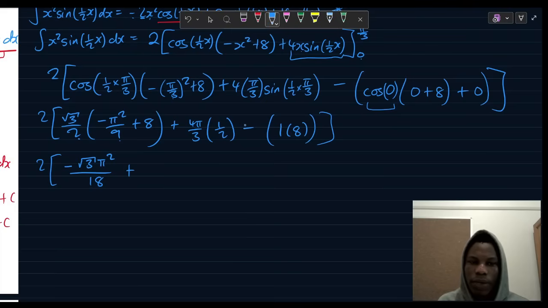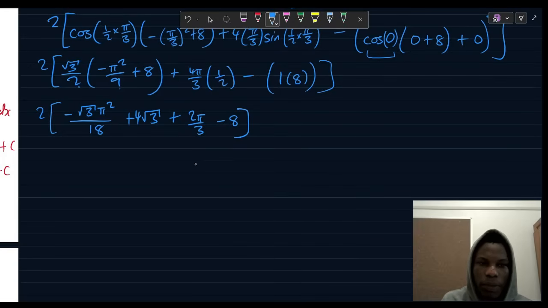So that's going to be root 3, 8 over 2, that's 4. So 4 root 3. And then here we've got plus 4 pi over 3 times a half. That's going to become 2 pi over 3. And then minus 8. And so we can just multiply through by 2. Here, that's 2 over 18, giving us a negative 9.